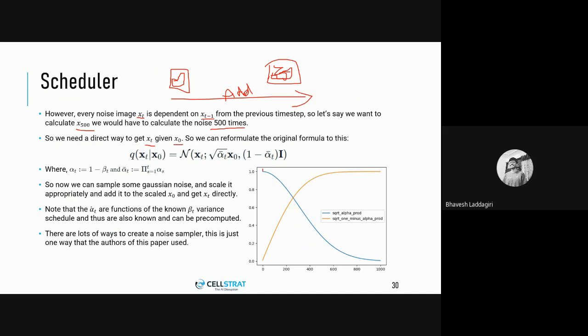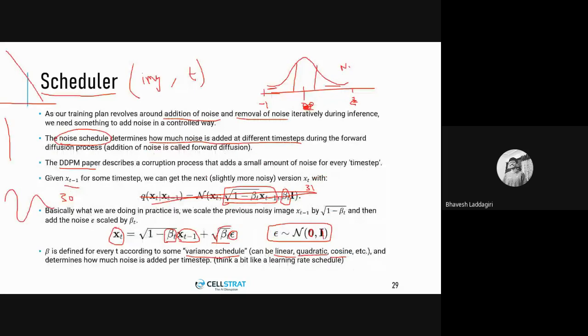So we can basically reformulate the original formula into something like this, which is basically the same as that, except that we have modified the function. So we had this, right?